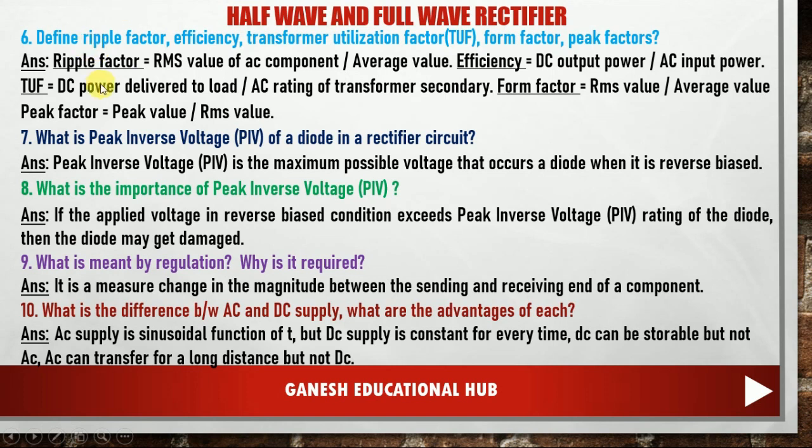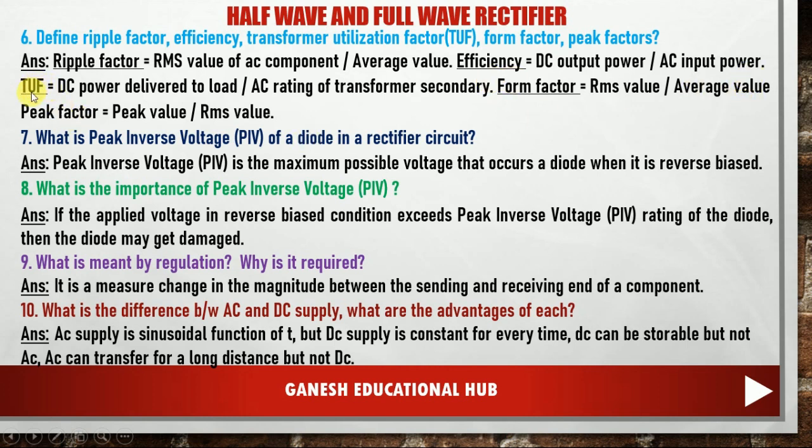Sixth question. Define ripple factor, efficiency, transformer utilization factor TUF, form factor, and peak factor. These are the most important terms. First, ripple factor equals RMS value of the AC component divided by the average value. Next, efficiency, very simple: DC output power divided by AC input power.